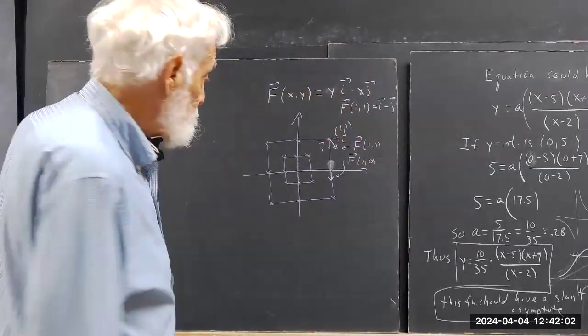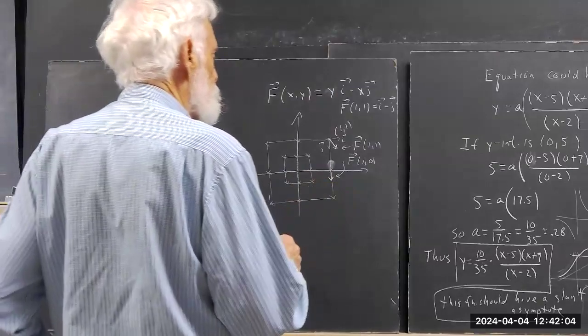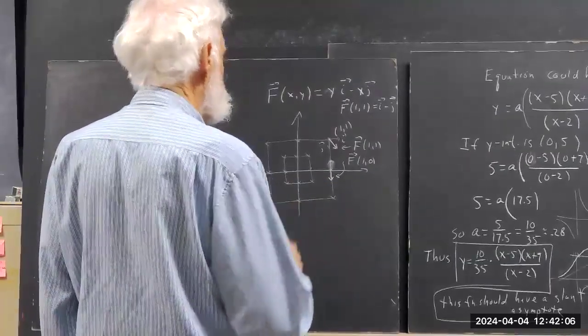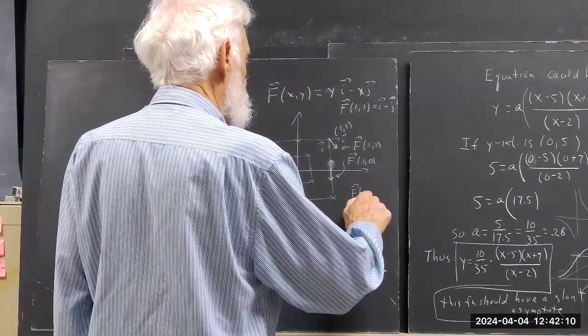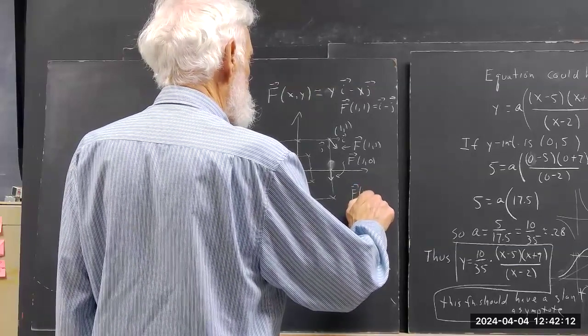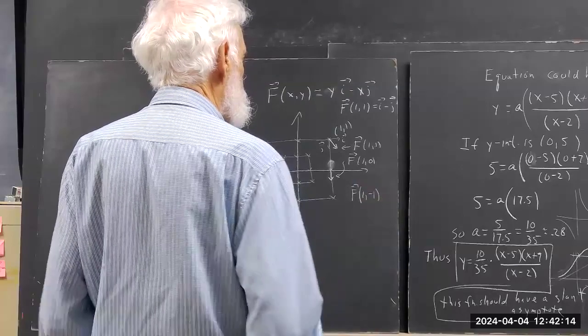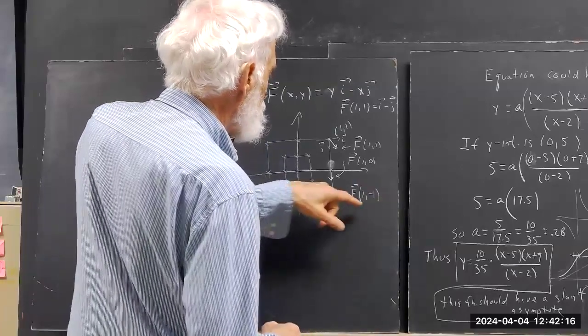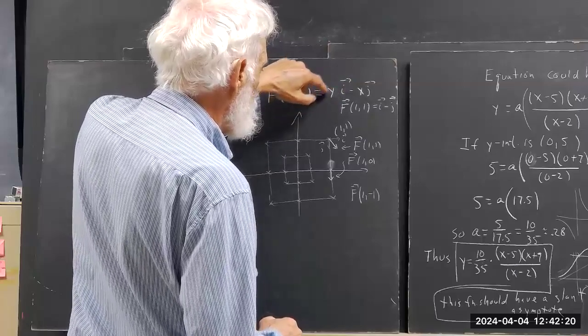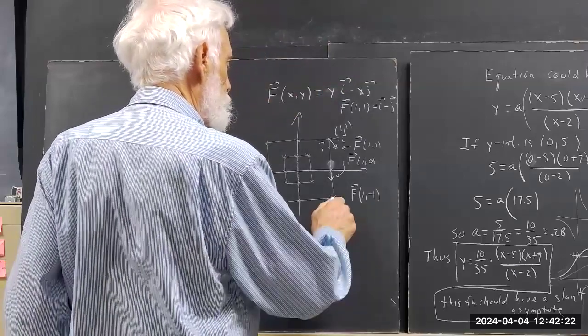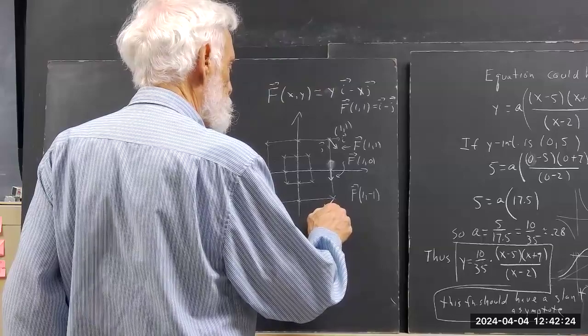Okay. Now, when you draw the rest of these, let's just do f of (1, -1). Okay, x is 1, so you're going to have a negative j, and y is negative 1, so you're also going to have a negative i, so that's going to be here.